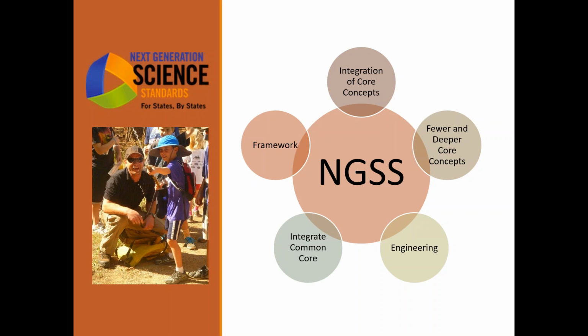And so if you're not familiar with NGSS, or the Next Generation Science Standards, and how those are incorporated, we want to spend a little bit of time talking about why those are different than standards in the past, because that's really going to impact both how you correlate your programs, but also if you want to tweak them to really be effectively meeting these standards.